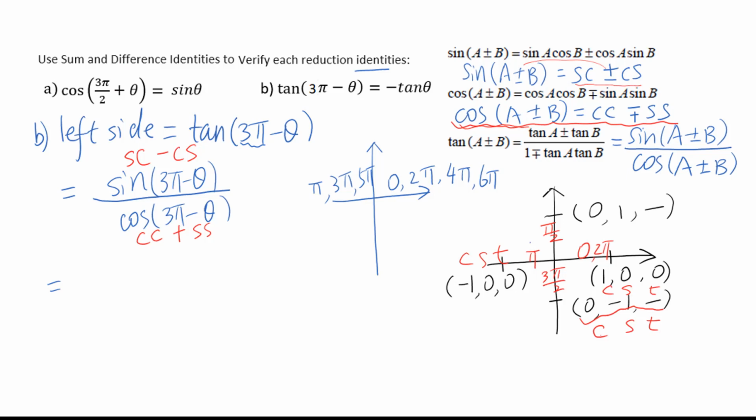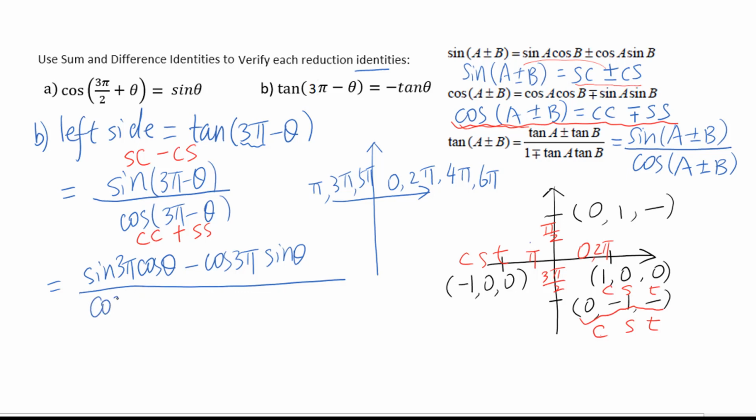So we will get sine 3 pi cosine theta minus cosine 3 pi sine theta. For the bottom, you will get cosine 3 pi cosine theta plus sine 3 pi sine theta.